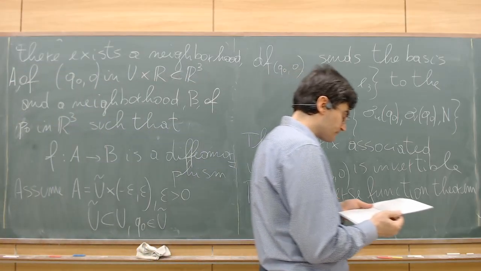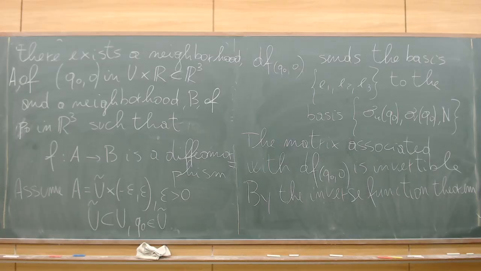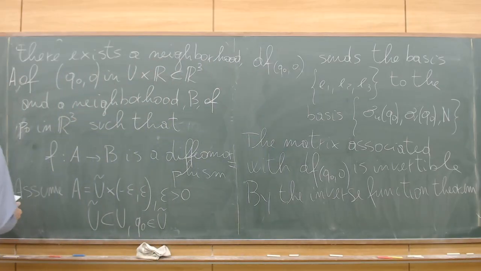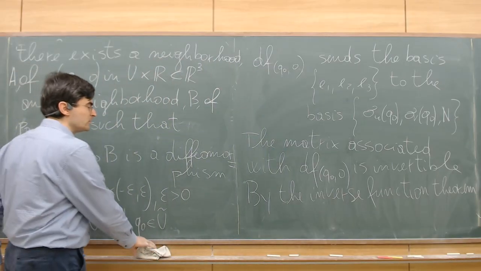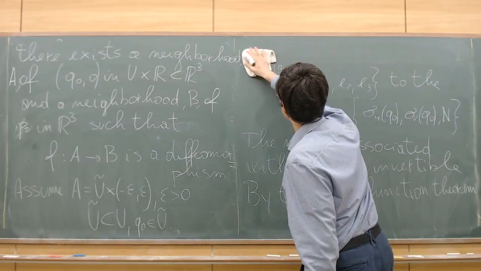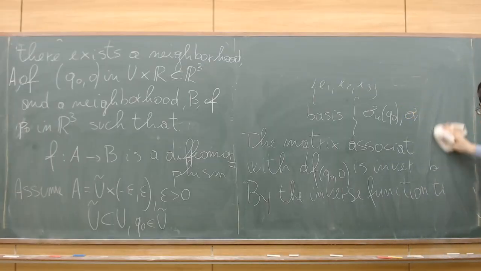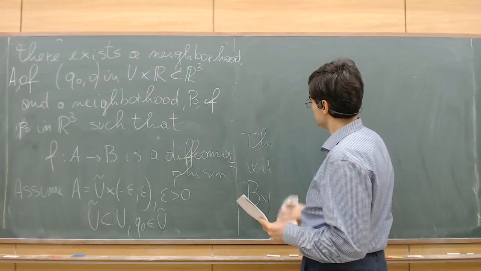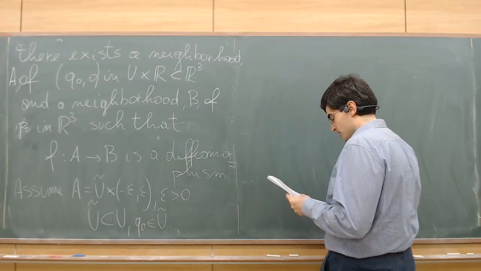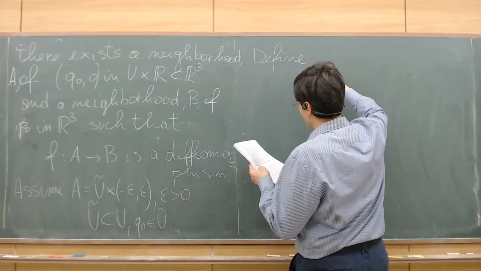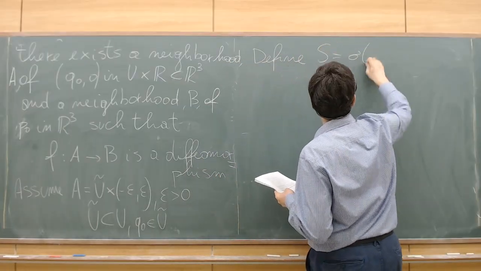Okay, remember that our goal is to prove that we have a regular surface locally covered by one single surface patch. So define S to be sigma of U tilde.